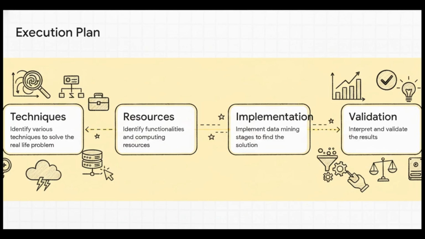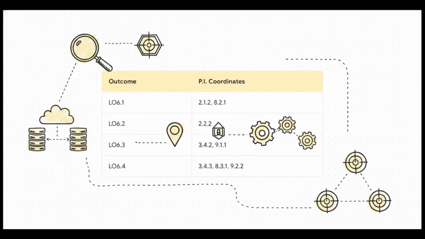All of this builds into a very precise, step-by-step execution matrix. I absolutely love this part, because these academic performance indicators, or PIs, they honestly read exactly like encrypted spy movie coordinates. For instance, Learning Outcome 6.1. Identifying techniques. Well, that targets coordinates PI 2.1.2 and 8.2.1.